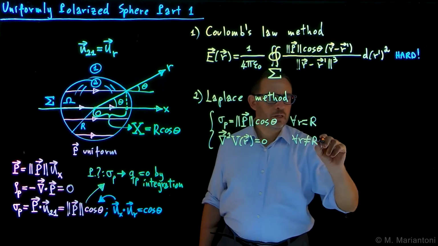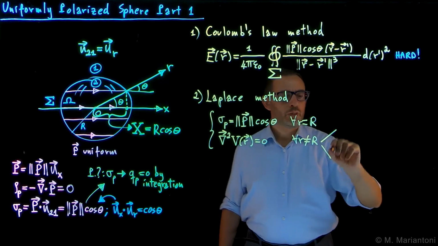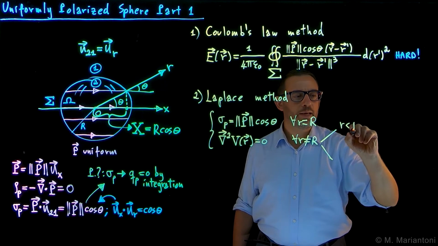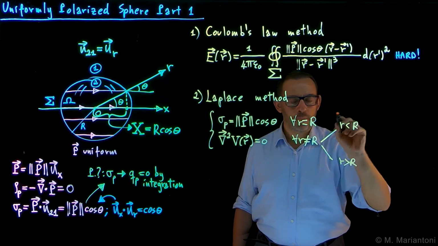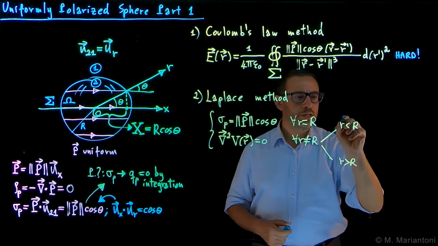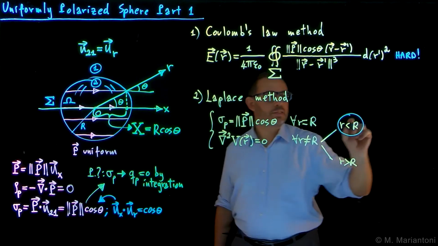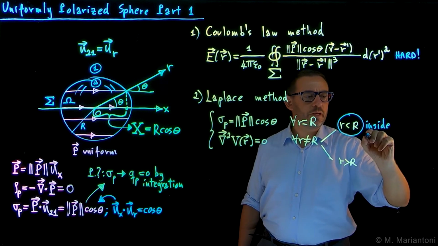However, the behavior of this Laplace equation is quite different depending whether I'm in r smaller than capital R or r larger than capital R. Let us focus, for example, to the case where small r is smaller than capital R. That is, we are inside the sphere.